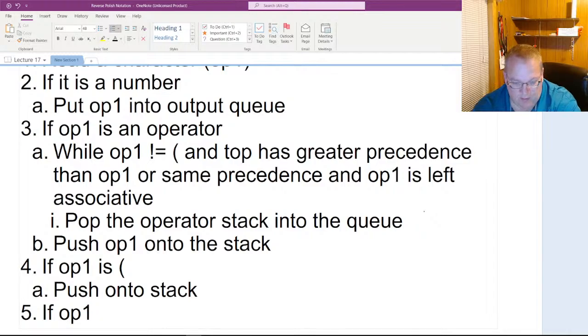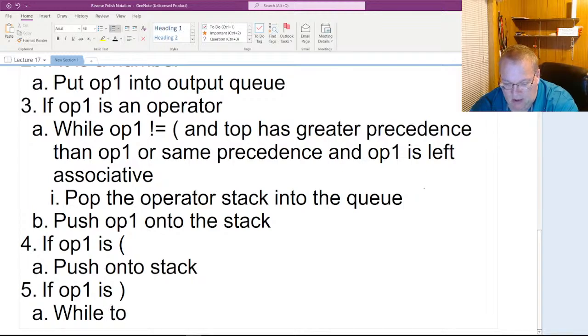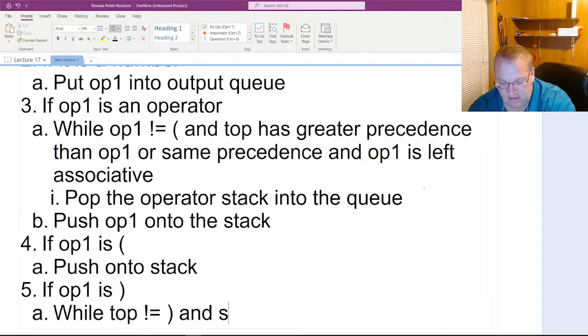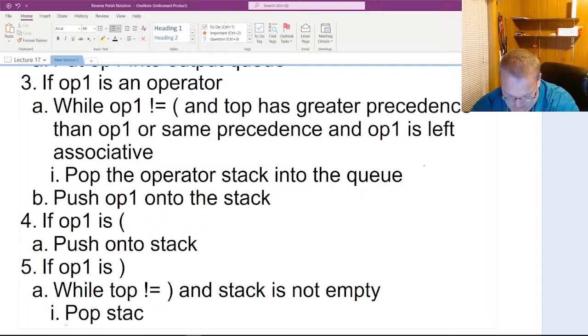If op1 is right parenthesis, while top is not equal to a left parenthesis and stack is not empty, pop stack into queue.